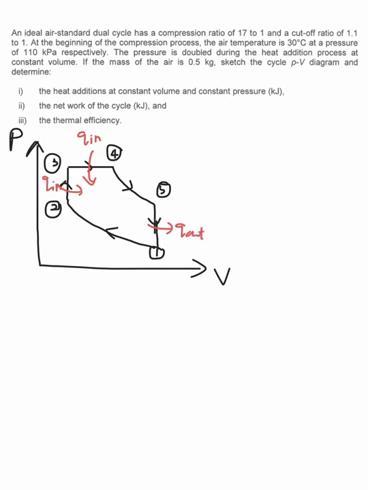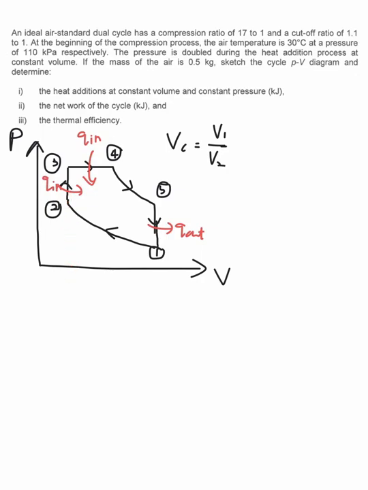And it gives you a cut-off ratio, denoted as VC, which is your V maximum over V minimum. As you can see here, your V maximum is right here, and V minimum is this one, your V2.